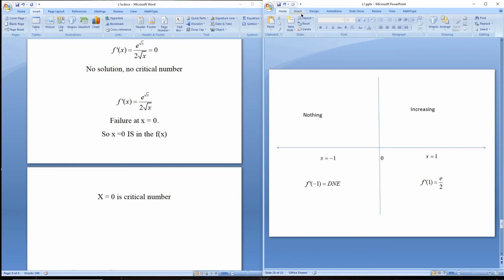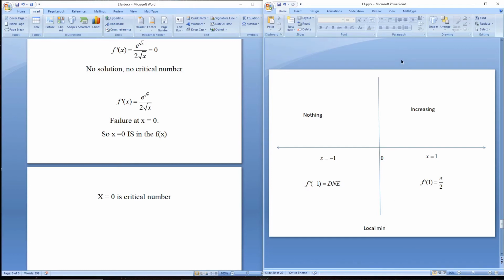Now again, there's debate amongst individuals about this. Your book does take the position that this is an extreme value. And since you're going off increasing, remember everything to the right's increasing, it must mean you're coming from some minimum value.